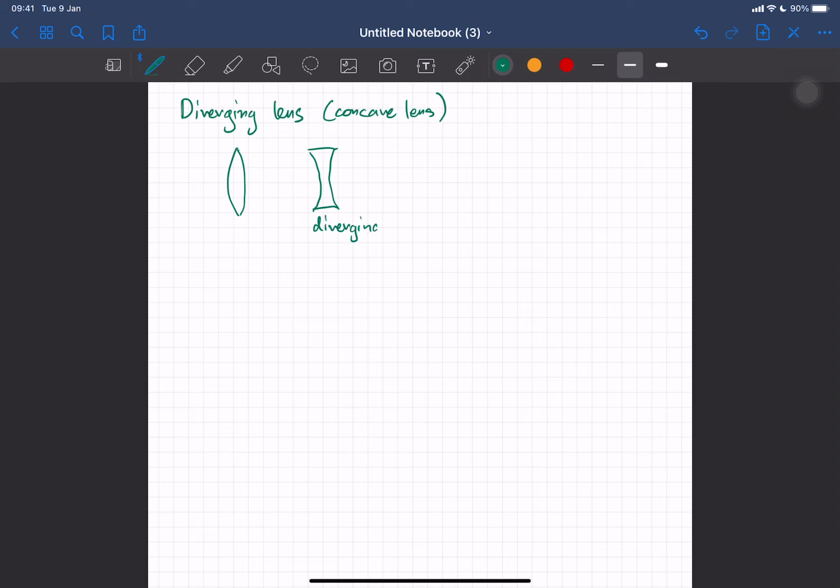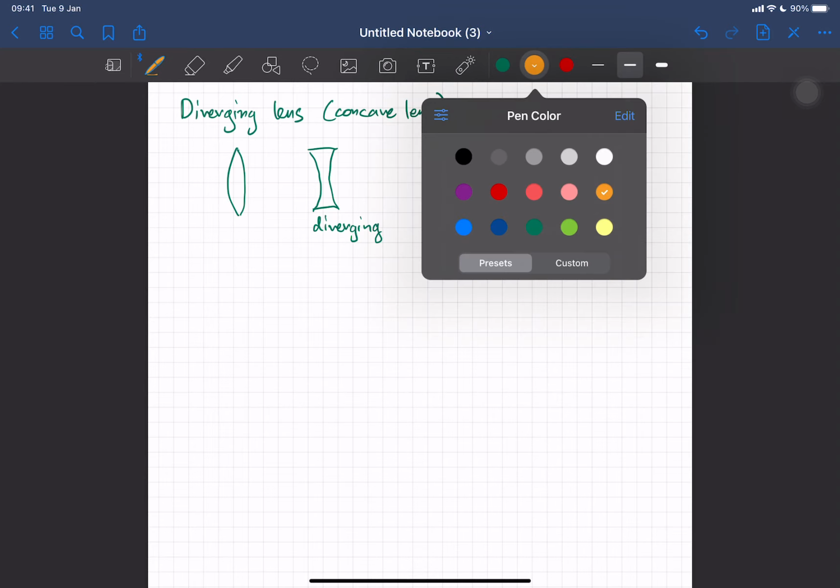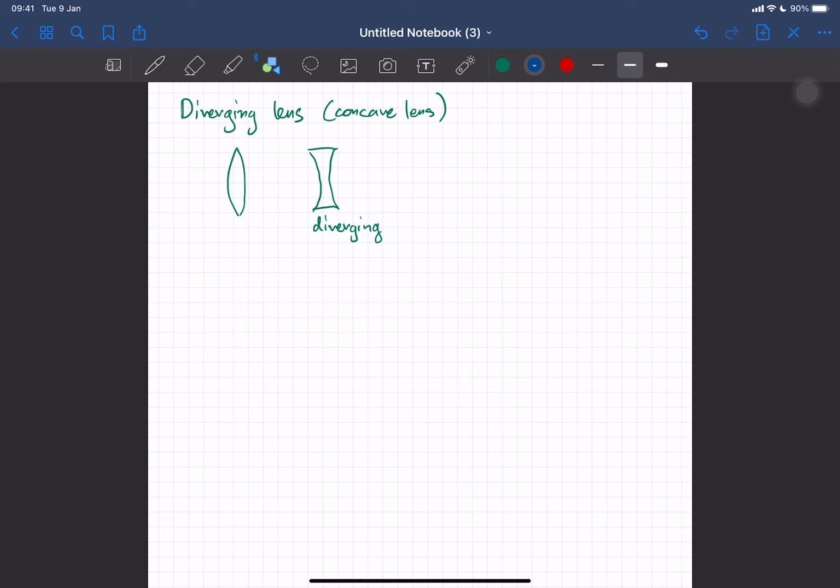And like the name suggests, the role of a diverging lens is to diverge the light rays away from each other. So the way we define, in this case, the focal length or the focal point of this diverging lens is this.